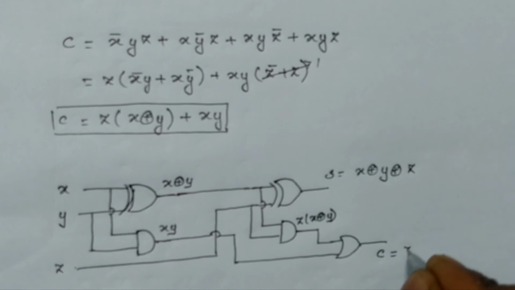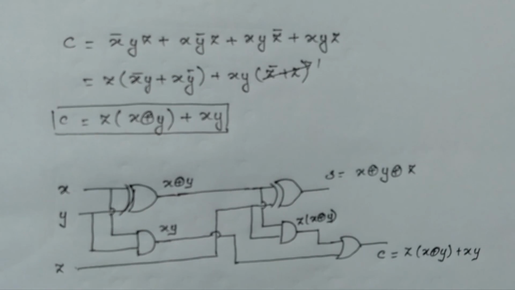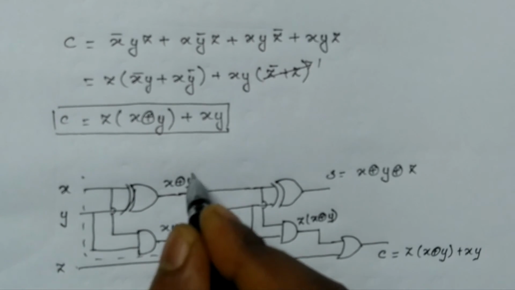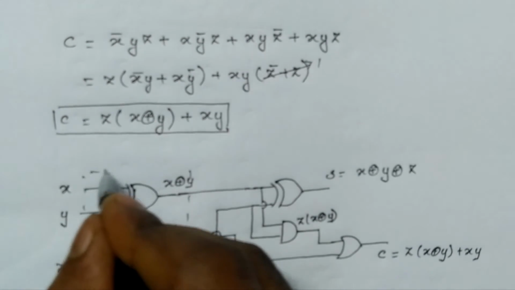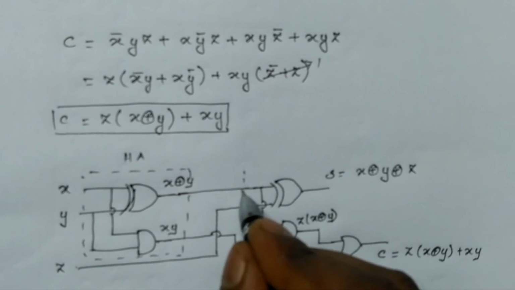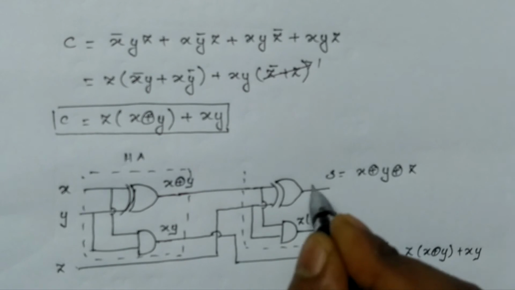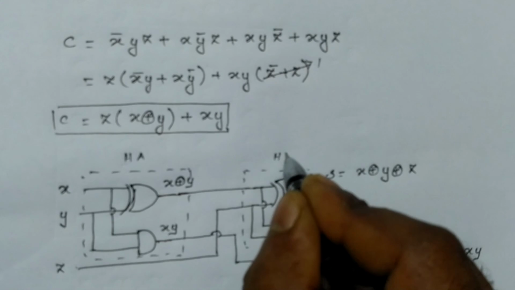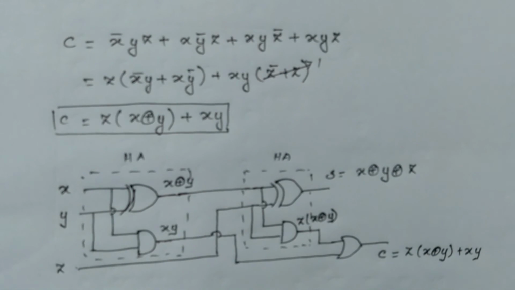C is equal to Z X XOR Y plus X Y. So here this is equivalent to a half adder. Likewise, this one also equivalent to another half adder. This is nothing but implementation of a full adder using two half adders.